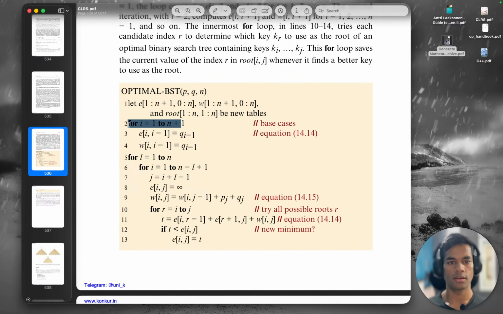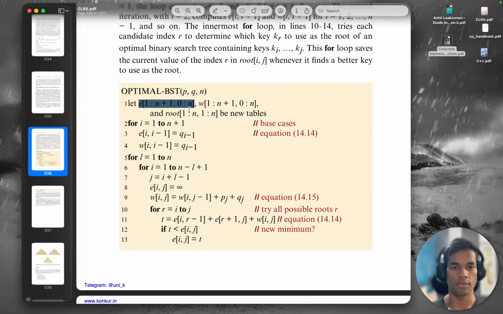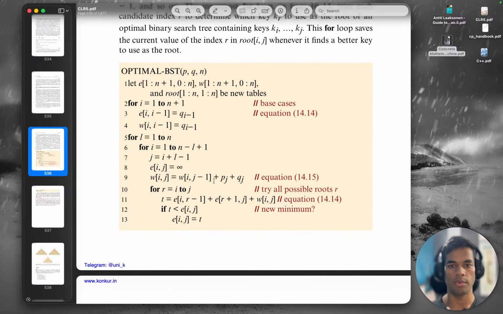This function is creating e, w, and root. We need w internally to speed up our algorithm. Root and e are what we return: e contains the optimal values, and root is used if you want to create the optimal solution.